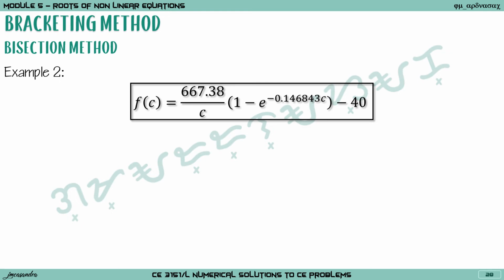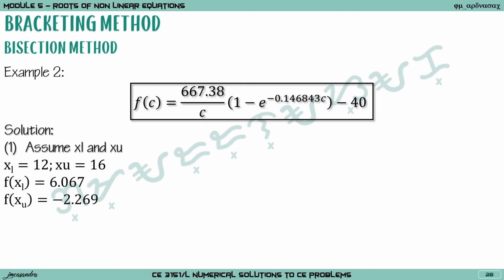So using this equation, first iteration, we assume your xl and xu. Let's start off with 12 and 16. So from there, we solve for our functions of x. So for xl, that's 6.067. xu is at negative 2.269.